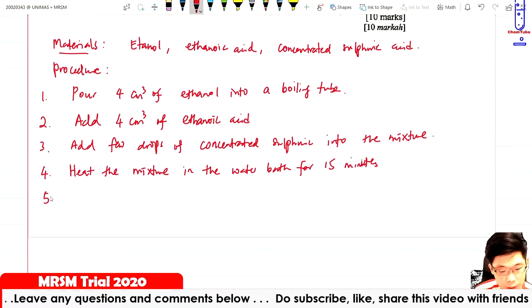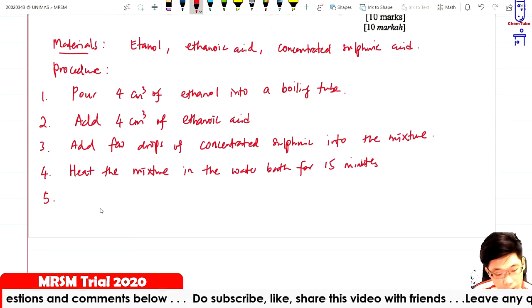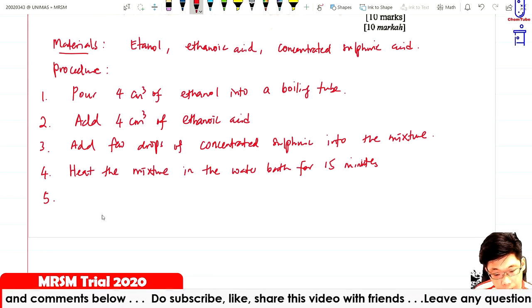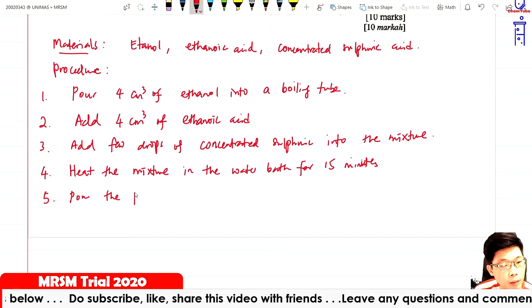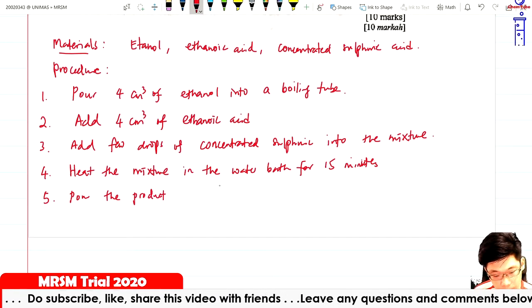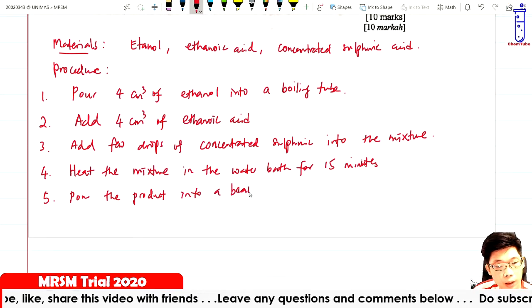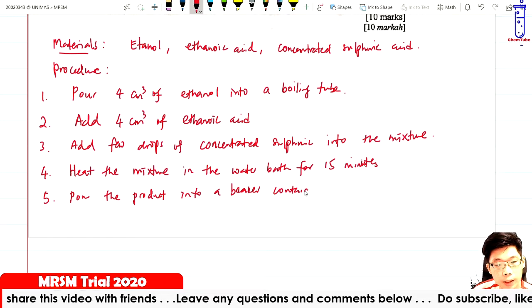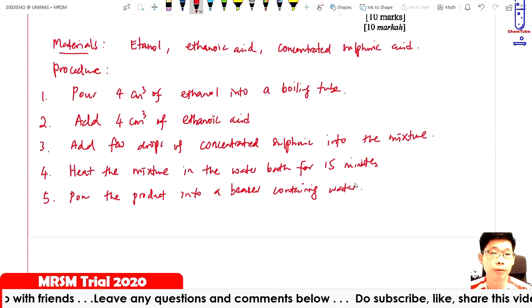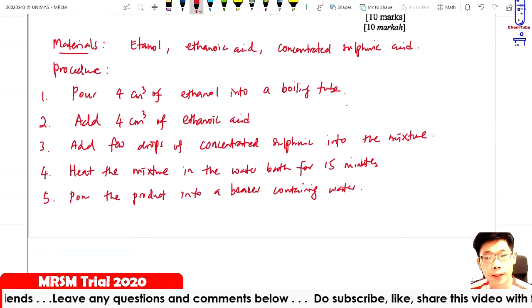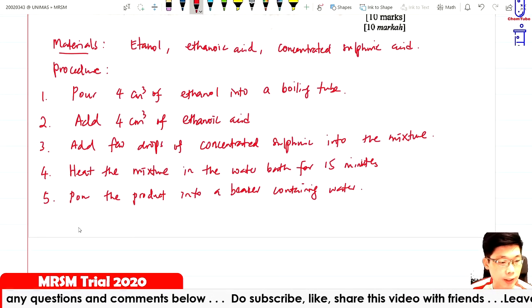Okay, next. Then we can collect and pour the product into a beaker containing water. Actually, if we get it directly from the test tube, that also can, but now we want to see the properties of the ester formed.